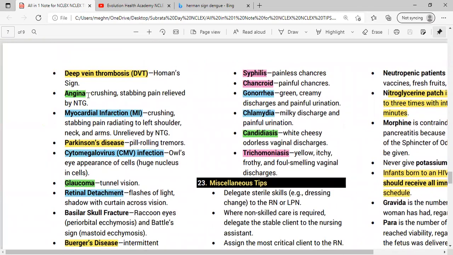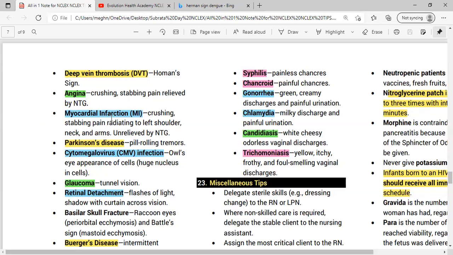In case of angina, there is crushing chest pain or stabbing pain, and it is relieved by nitroglycerin. Myocardial infarction: the patient has the same nature of pain, but it is not relieved by nitroglycerin.